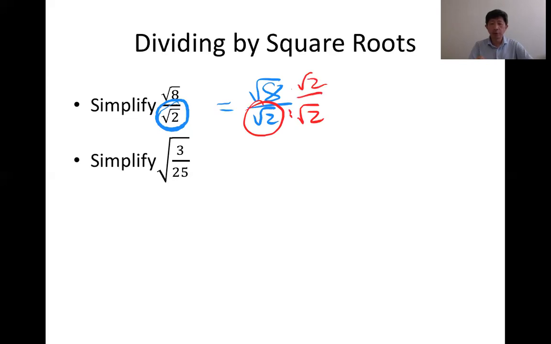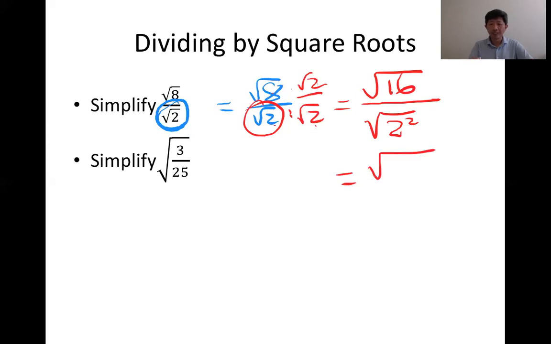Make it equivalent. So now here's another way. 8 times 2, 16. 2 times 2, which is square root of 2 squared. Now square root of 16 over 2. Square root of 16 actually is 4 over 2, which 4 divided by 2 is equal to 2, right? Yes, we still get the same answer, right?